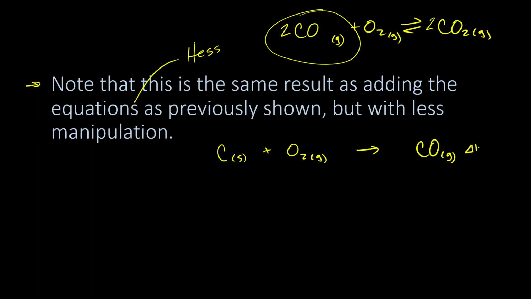And the delta H from our data table, pages 7 and 8, is negative 110.5 kilojoules per mole of energy. Now this one isn't balanced. I could do that with a fraction here, or with whole numbers. If I do it with a fraction here, then it's just 1 mole of everything.